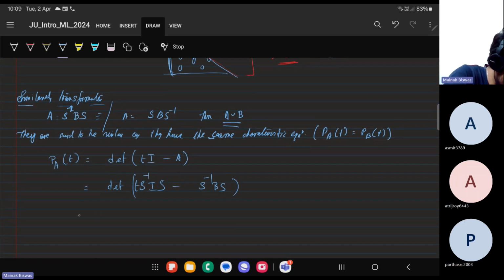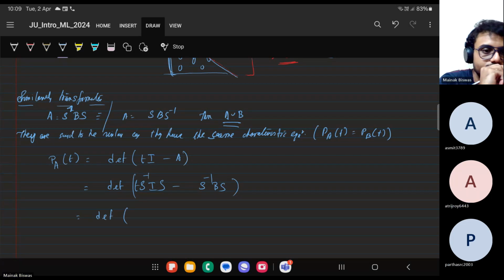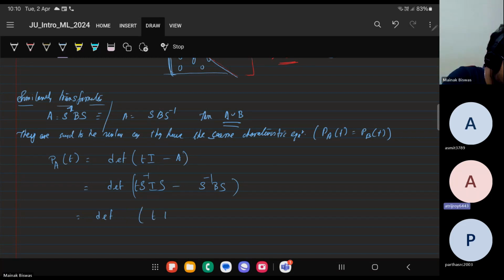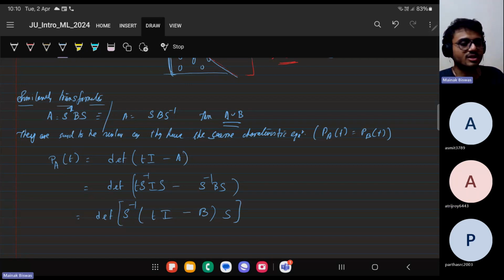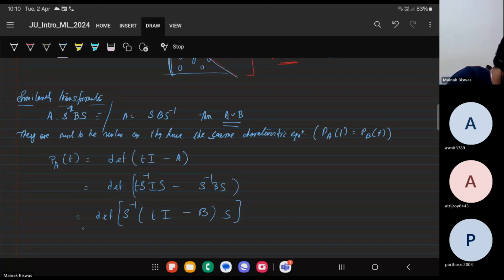Now tell me the next step. Partha told me this step. Next step. We can take common S inverse and the determinant of A minus lambda I. What is the determinant of a product of matrices?